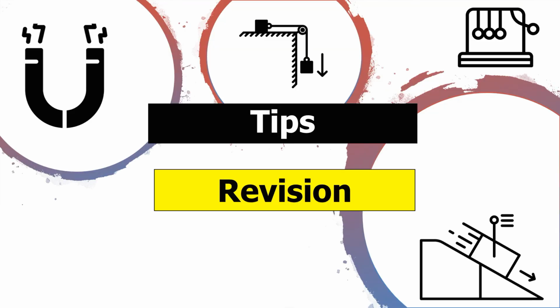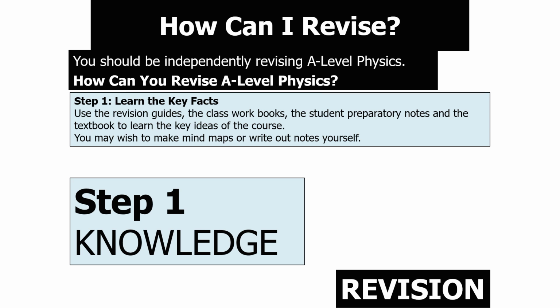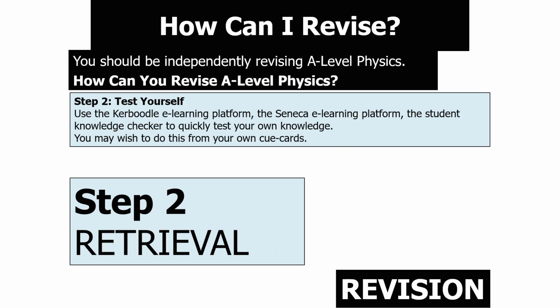So how should you be revising for AQA A-Level Physics? Well, the first step is to look at the knowledge, learn the key facts, use your revision guides, class workbook, student prep notes and a textbook to learn the key ideas of the course. You may wish to make mind maps or write out notes yourself. The second step is to test yourself. Use things like Cabodle, Seneca, the Student Knowledge Checker to quickly test your own knowledge, and you may wish to do this from your own cue cards.